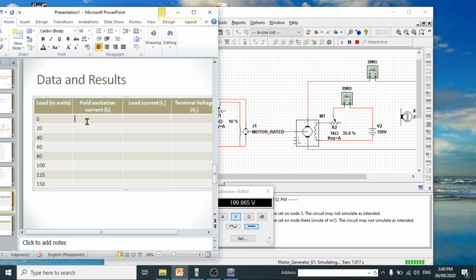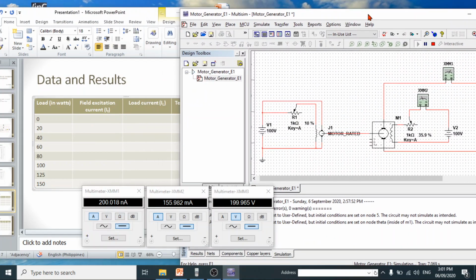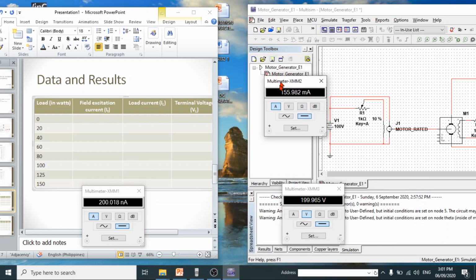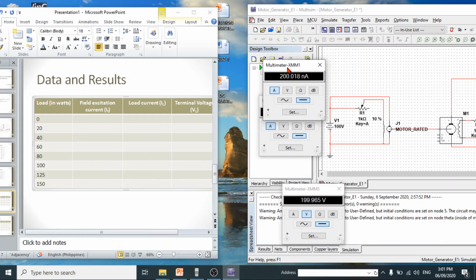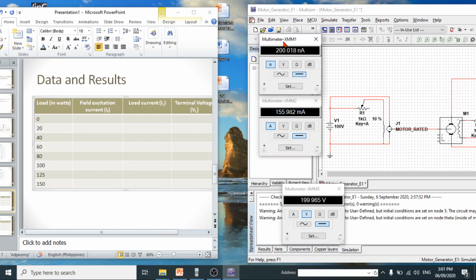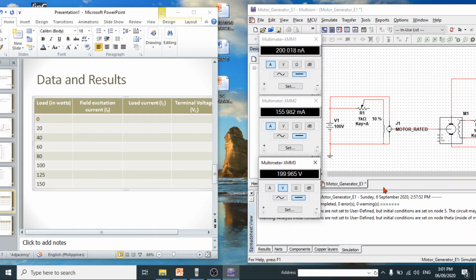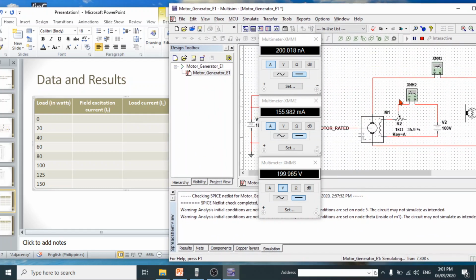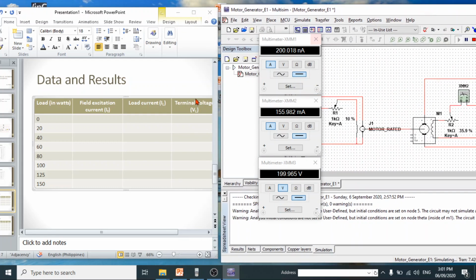For the 0 watts load, the excitation current, which is measured by meter 2, we'll have a value of 155.982 milliampere.